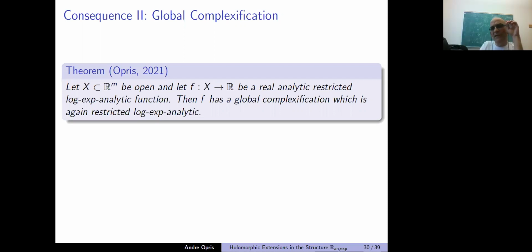What do you mean n is finite? If I have n functions, and this n is finite, then I can, of course, do a... No, I'm asking if you have f sub t, and each f sub t is real analytic. Each one of them has a definable complexification. Do you have uniformly the complexification?